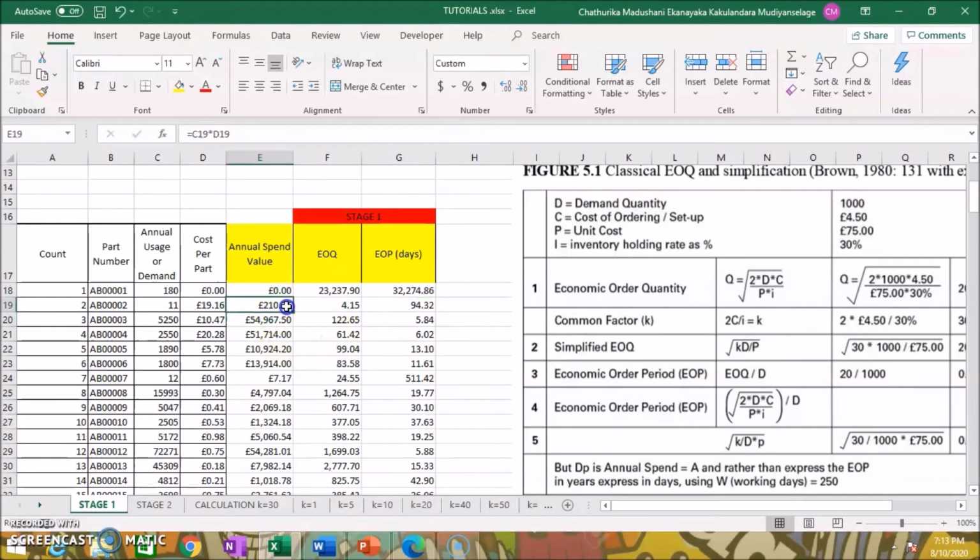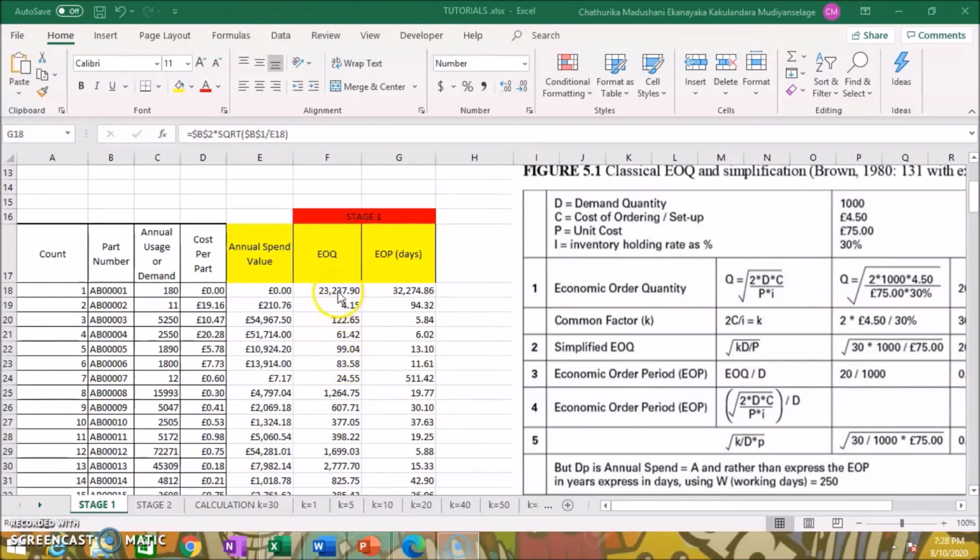And here, annual spend value increases from 210 to 54. And then EOP decreases from 94 to 5.